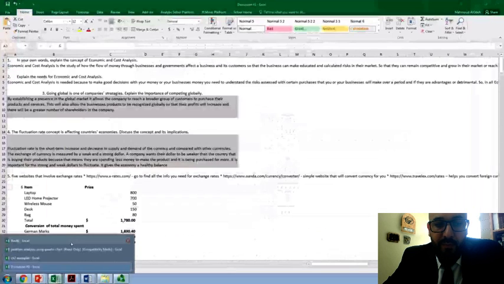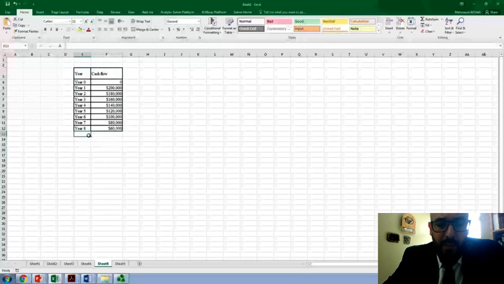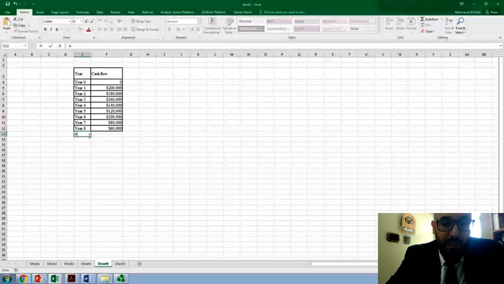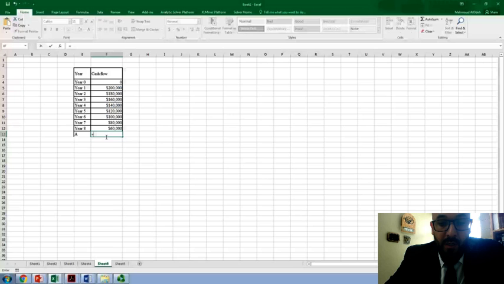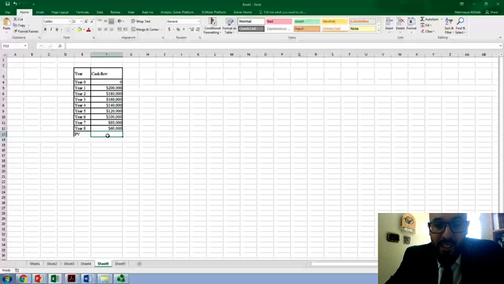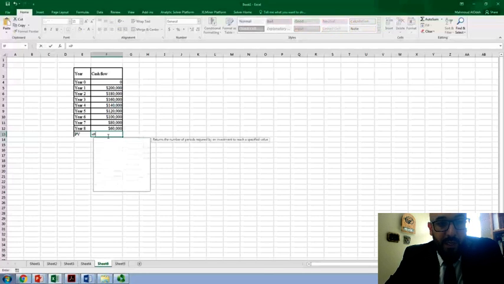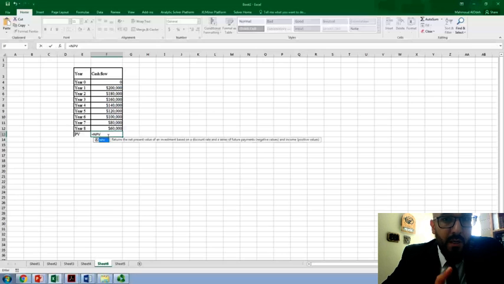But before we do this, as you know, the PMT function, or A, needs a present value, and we don't have a present value here. So the first step is to find the present value for all these transactions. You type equal PV or NPV because we have more than 1 year.